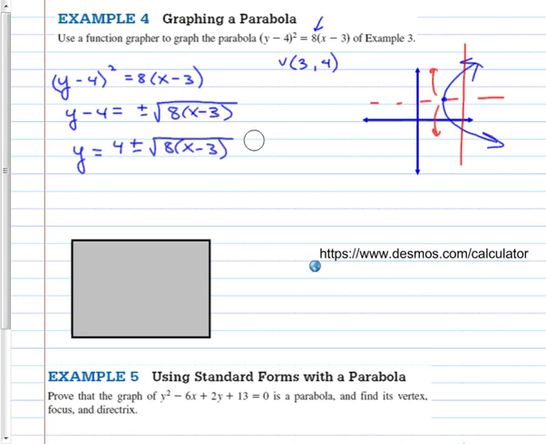Now really there are 2 equations here because of that plus or minus. So on our calculators, and I've got to get mine started, do one graph with the plus part, and then one graph with the minus part. And then we'll look at it. I put a link to Desmos there. Desmos can handle it directly, but a function grapher can't.